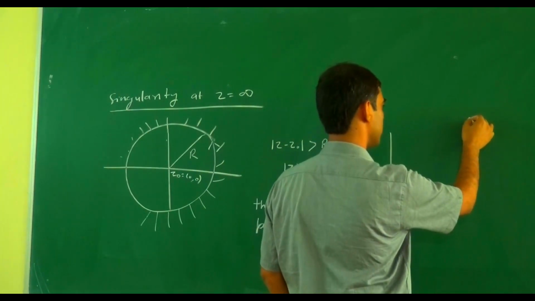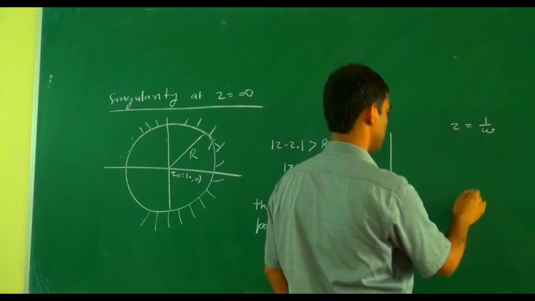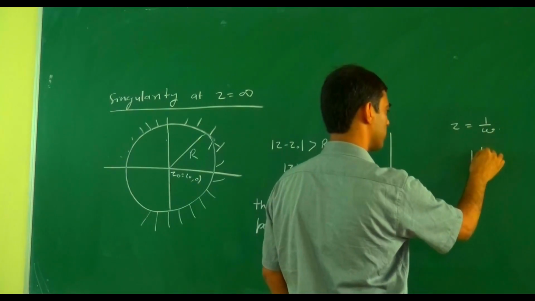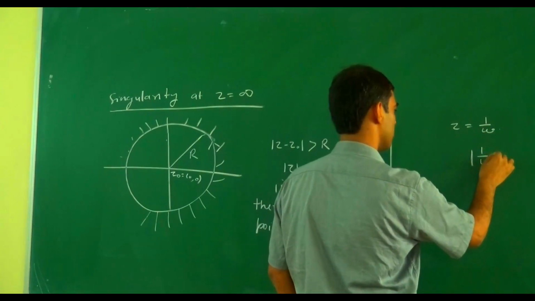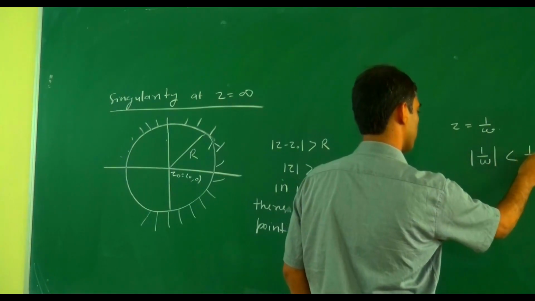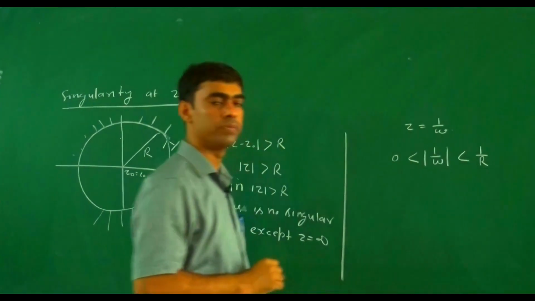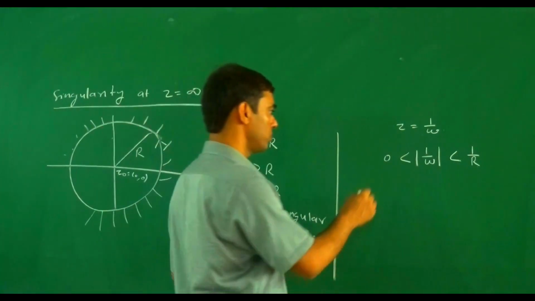We replace z equal 1 upon w. Then mod of 1 upon w is less than 1 upon R and greater than C. This is a deleted neighborhood.